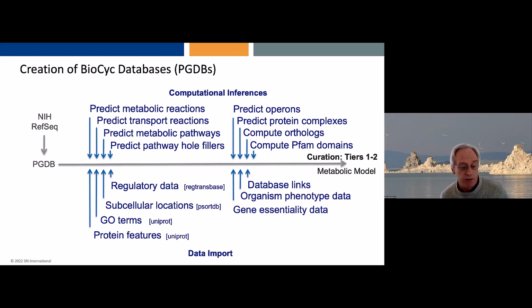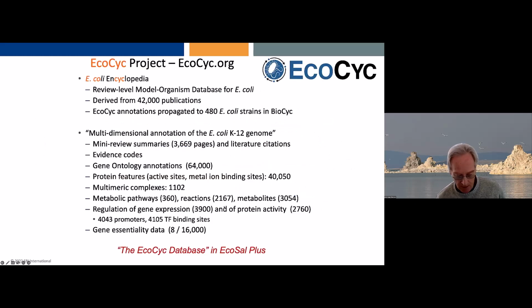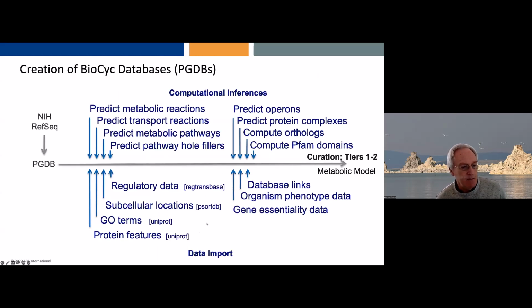We also compute orthologs between the new database and all other proteins in BioCyc, and we compute PFAM domains across the genome. For data import, we import data from a number of public databases. For example, from UniProt, we import both gene ontology terms and protein features. It depends what kind of data different databases have as to what's available to import. So those are the basic initial steps of creating a new PGDB.